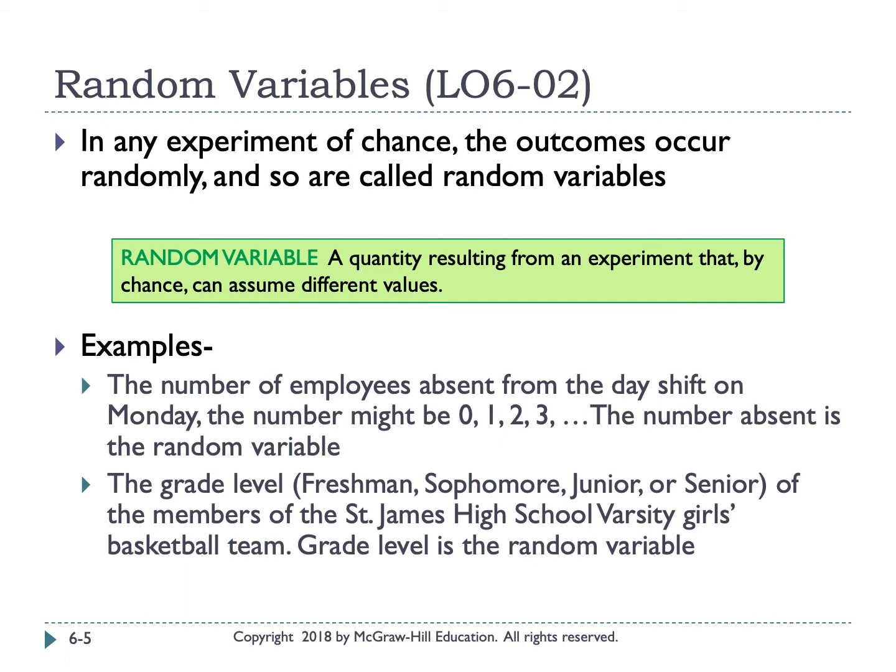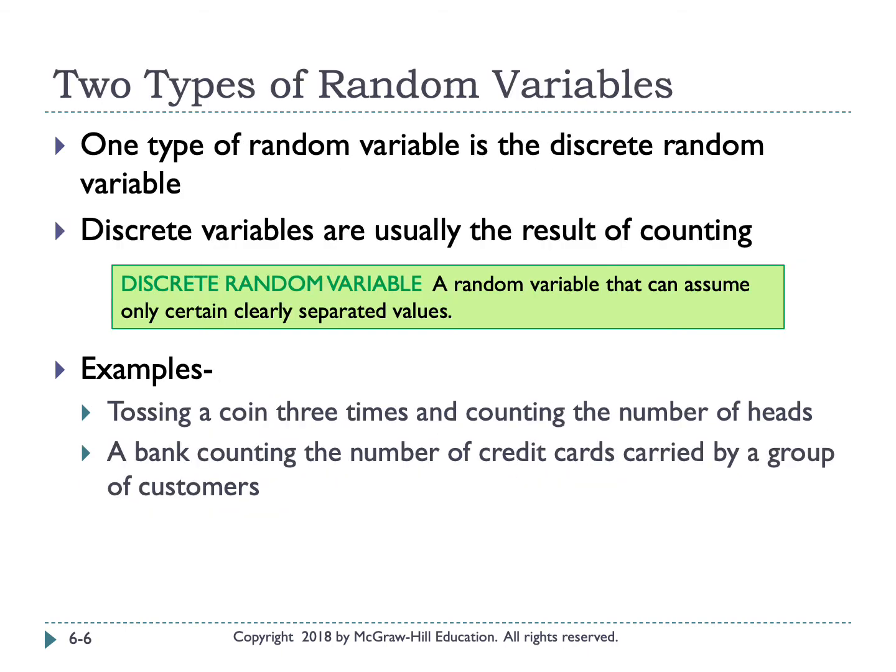Some examples: the number of employees absent from the day shift on Monday, the number could be 0 to however many employees we have. The number of employees that are absent is your random variable. The grade level of the members of the basketball team, right? Grade level would be the random variable here. So the first example is a quantitative random variable, and the second example is a qualitative random variable.